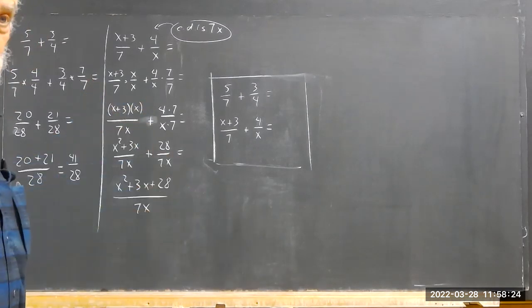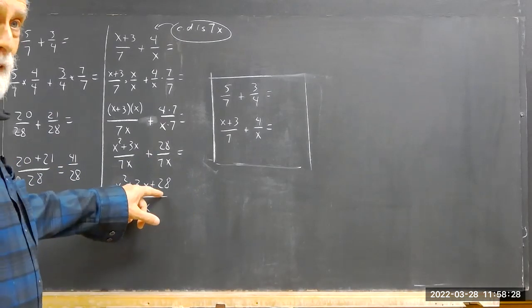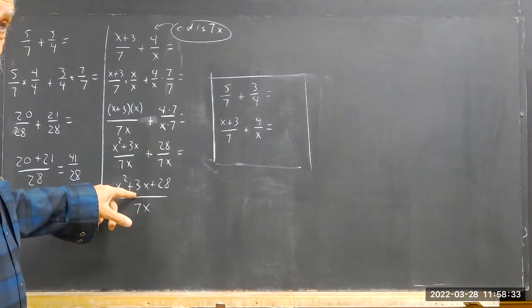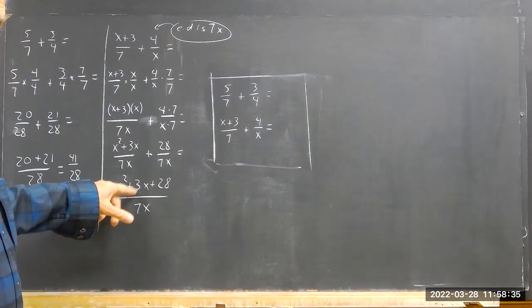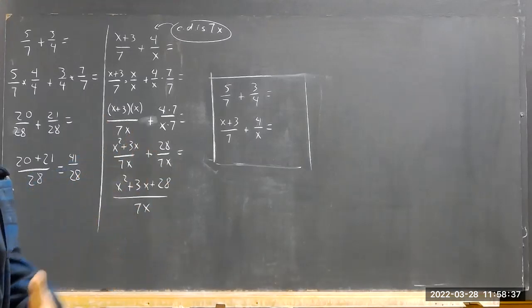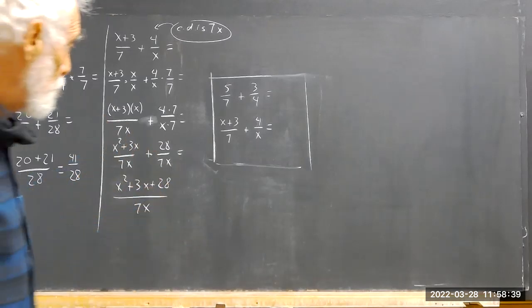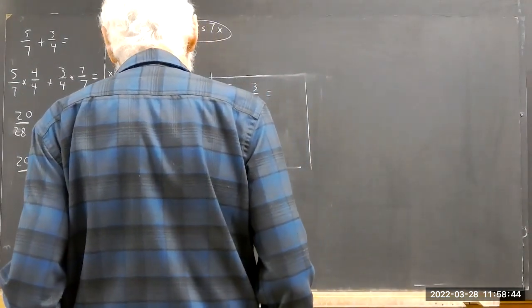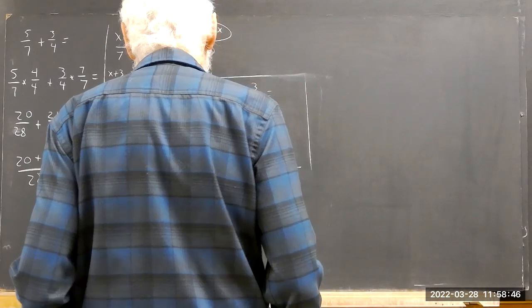It's not going to factor, okay? 28 is too big. Any pair of factors you get for 28 is going to give you a lot more than 3x. Eventually, if you do enough practice, you start to see that. Okay. Let's try.